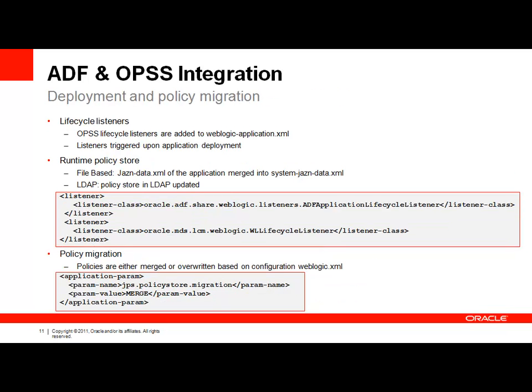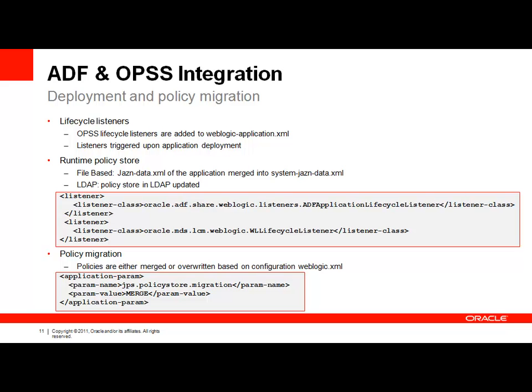Another file that gets updated is the WebLogic server XML file, so the weblogic.xml file, and this is updated with a lifecycle listener, an ADF application lifecycle listener, and this you can use to configure how upon deployment you want to have policies defined locally in your jazn-data.xml file to be broadcasted or deployed to the server.